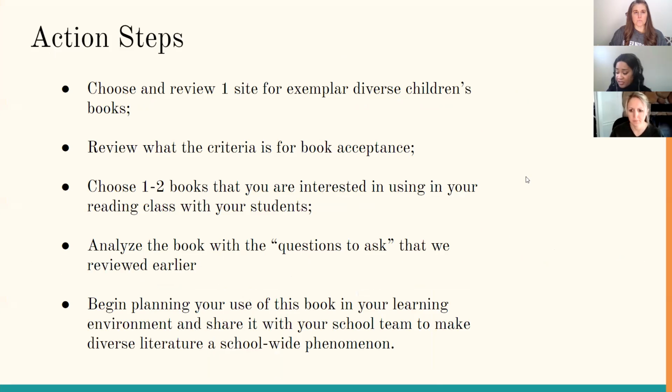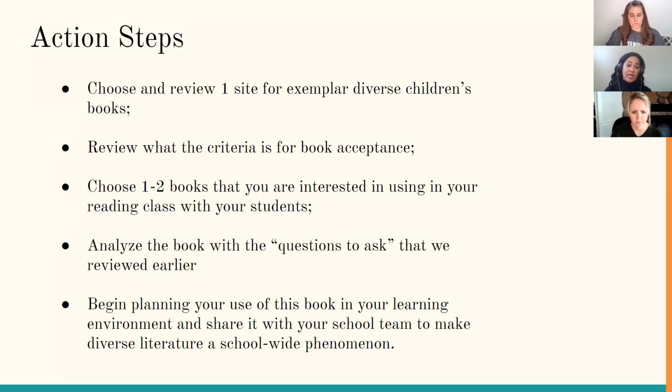And then your action steps, remember I asked you to take 1 or 2 of the exemplars from that list. I want you to take that exemplar, the website or the award, like Coretta Scott King, and review what the criteria is for book acceptance.